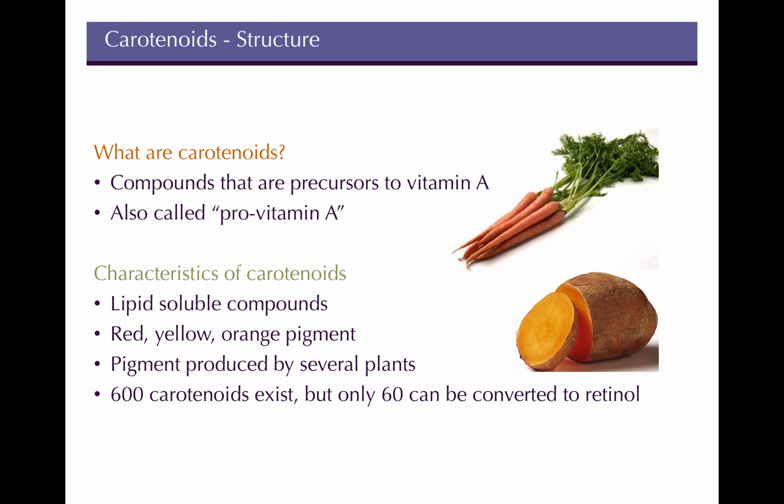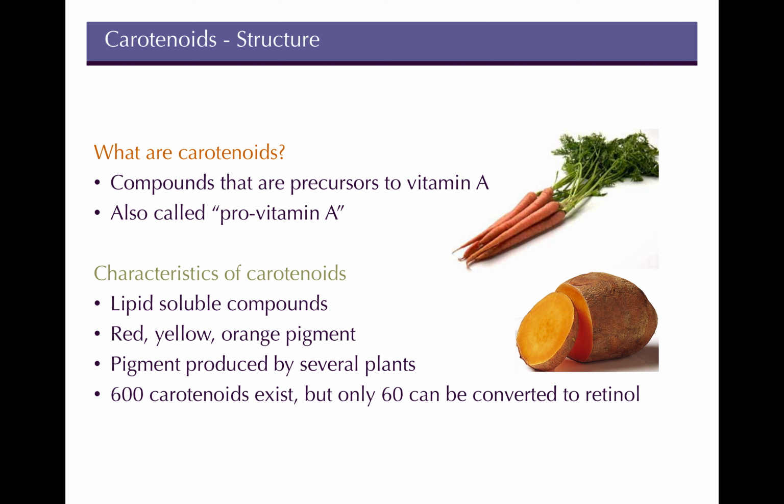As we go through this, I'm also going to be discussing the carotenoids. As we go through structure, I'll do vitamin A first, and the carotenoids, and then same with function and DRIs, so we can do a cross comparison between them. So, structure of carotenoids, it's interesting. The main thing I want you to remember is that carotenoids are precursors to vitamin A. You might have heard them referred to as provitamin A before.